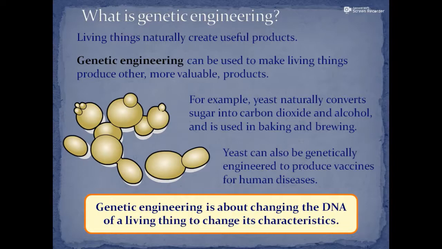So in this case, the vaccine, if you're thinking about COVID-19 itself, some of the proteins or some of the immunogenic elements of COVID-19, or the genes coding for the immunogenic elements of COVID-19, could be injected into the yeast and we could make it produce that particular element.